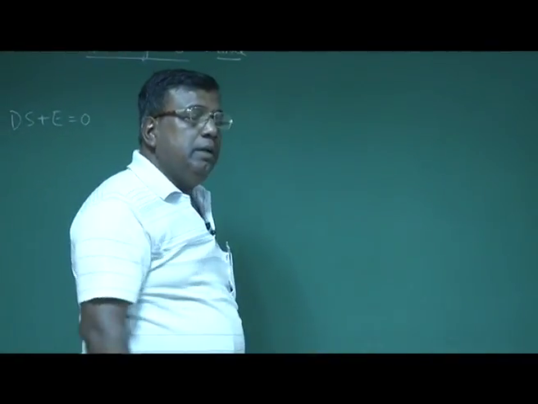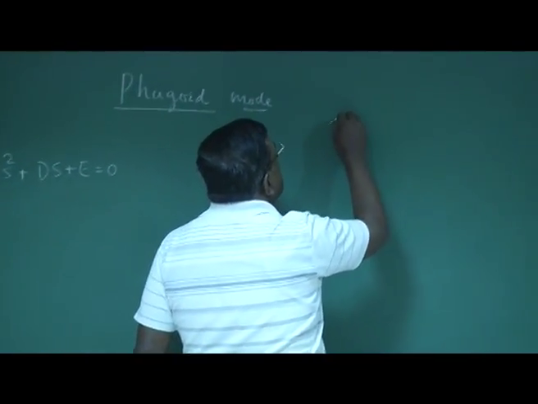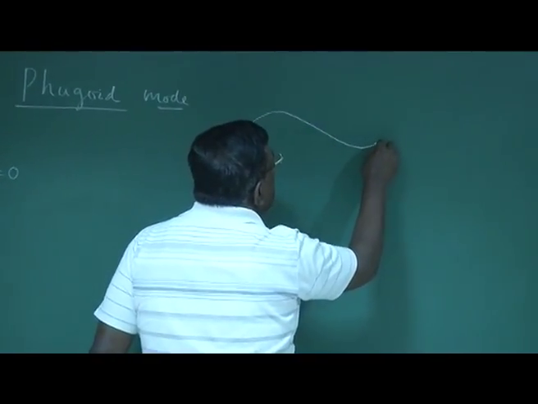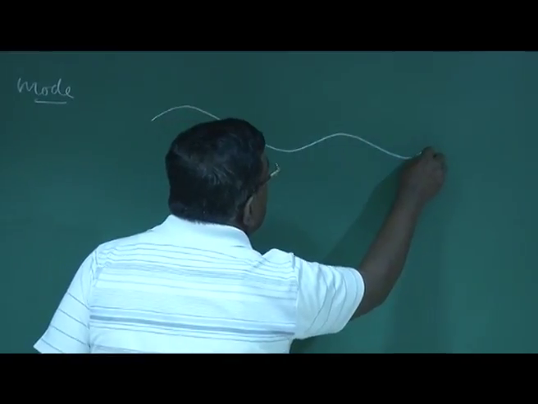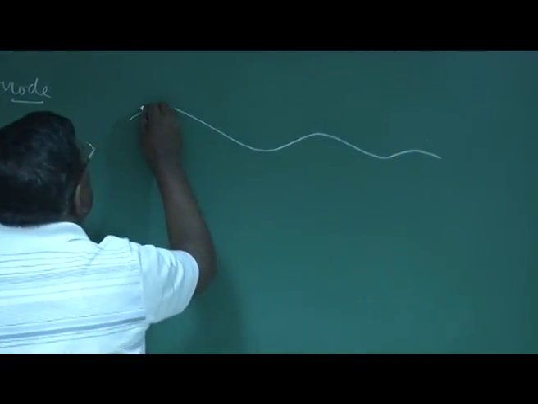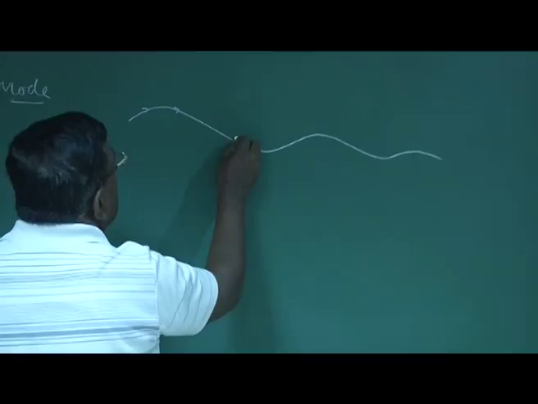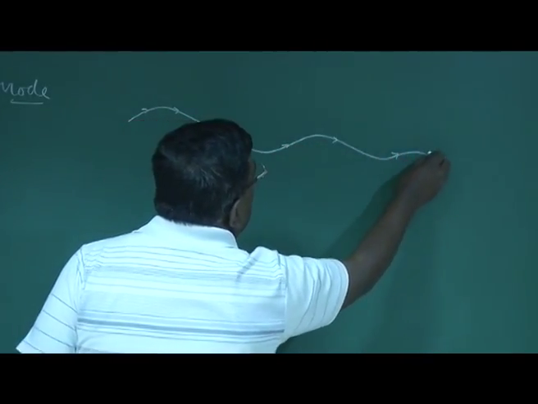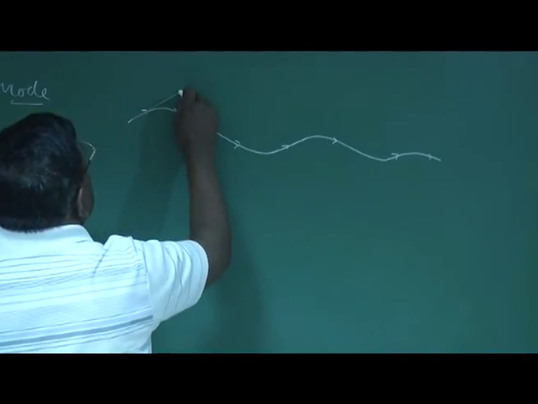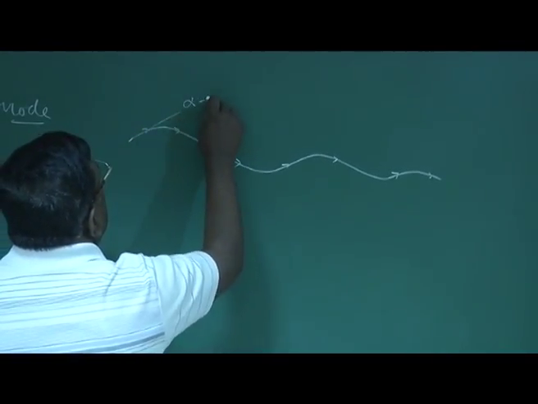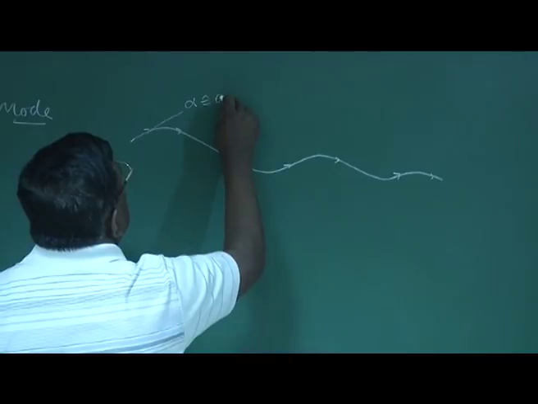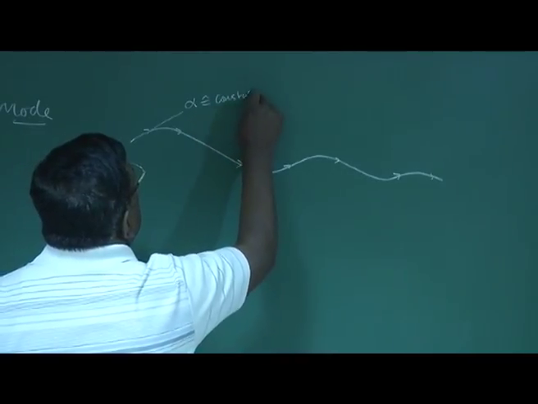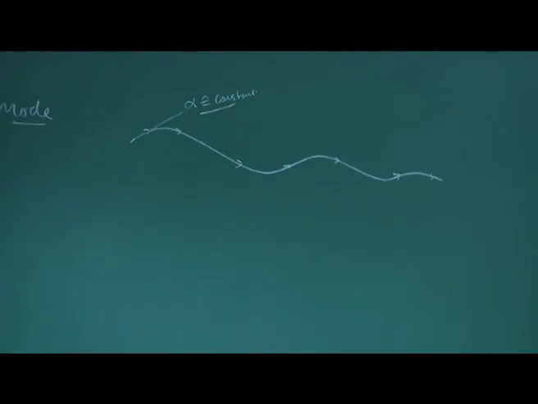And what is the assumption here? That the angle of attack alpha almost remains constant, which is a fairly good approximation.